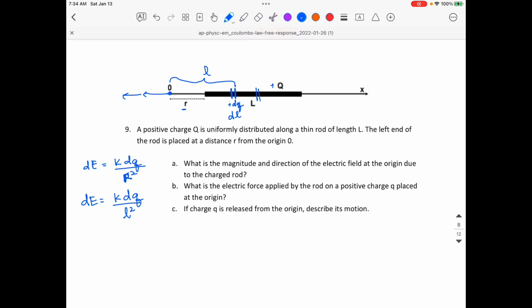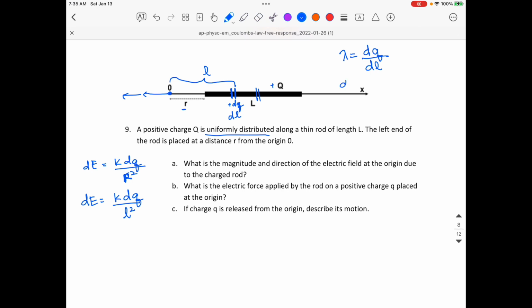And then because we have L here, we're going to look at the fact that it is a uniformly distributed charge, and we can use the fact that linear charge density is going to be equal to Q over L, or we can call it dQ over dL, which means that since it's uniformly distributed, the entire charge over the entire length is going to equal a small piece of charge over a small piece of length.